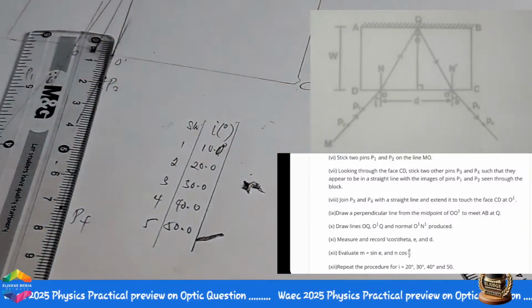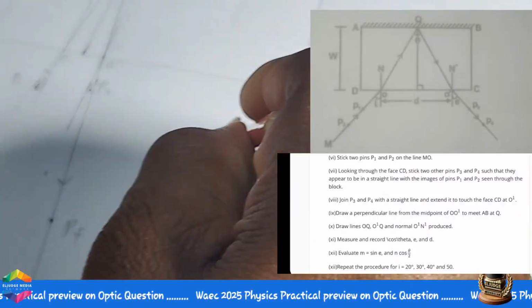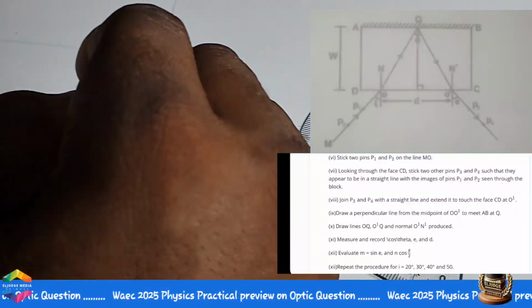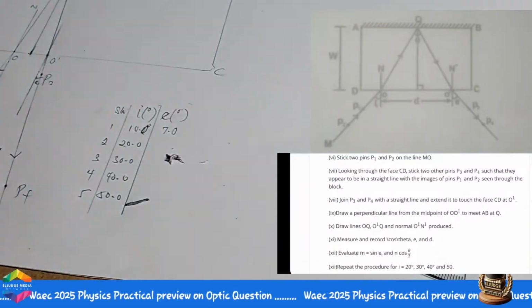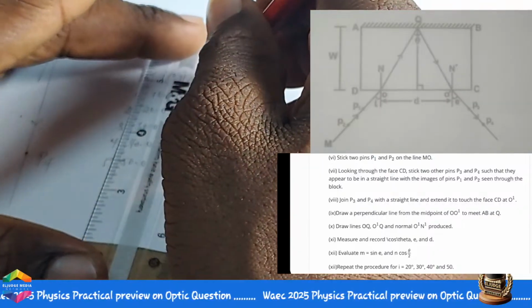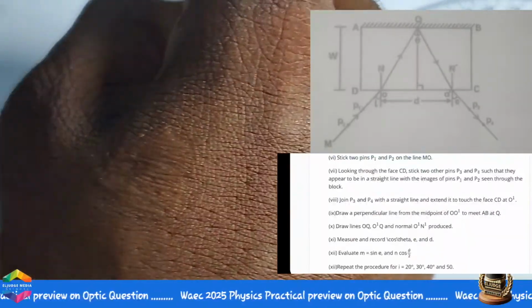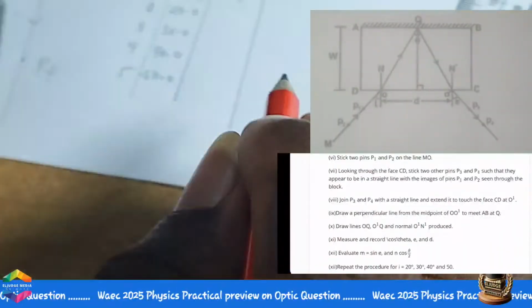Now we are told to also find the E in degrees too. So the first E we found is 7.0 degrees. Then we are told to also look for our theta, also in degrees.